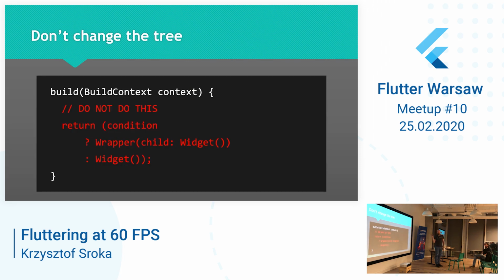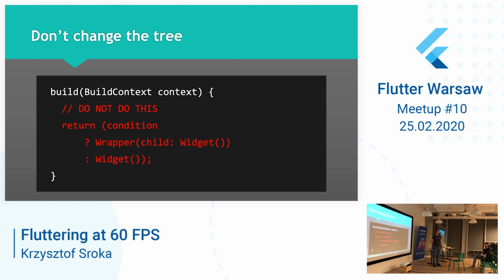All right, another thing: do not ever change a tree, or very rarely change a tree. Imagine we have a button that turns some widget visible or invisible, hidden or not. It's another mistake to use a wrapper here, Visibility, and set visibility to false.